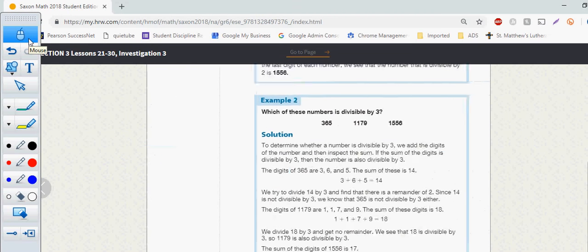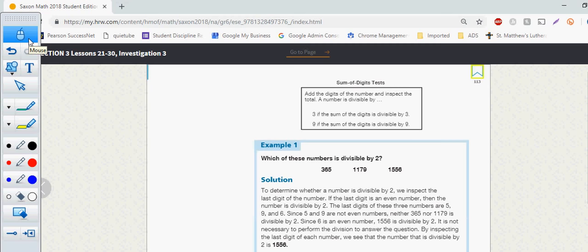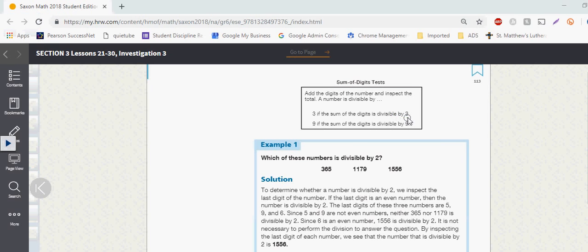We're coming up with quick tricks and tests to find whether something's divisible. It's very useful. Adding the digits of the number can tell us whether it's divisible. These are called sum of digit tests. It's divisible by 3 if the digits add up to a number divisible by 3.